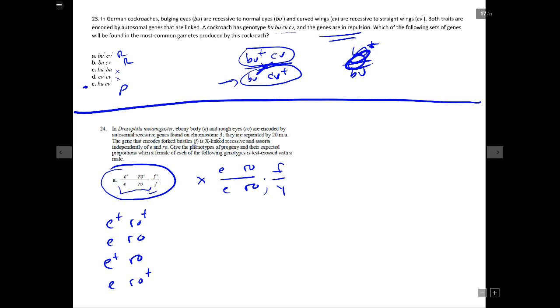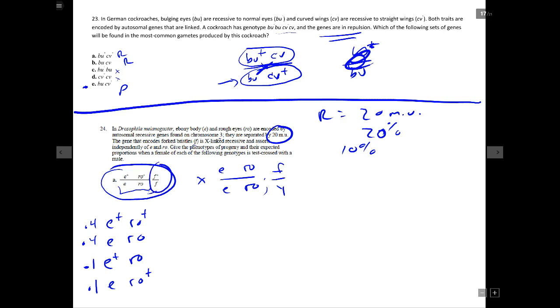So recombinants, 20 map units apart, means each one of these is 0.1. 0.1 and 0.1 is 0.2, so each of these is 0.4. Or 40%, 40%, 10%, 10%. We know that because the number of recombinants equals 20 map units, which is 20%. Then each recombinant is 10%. So that's how I got this.